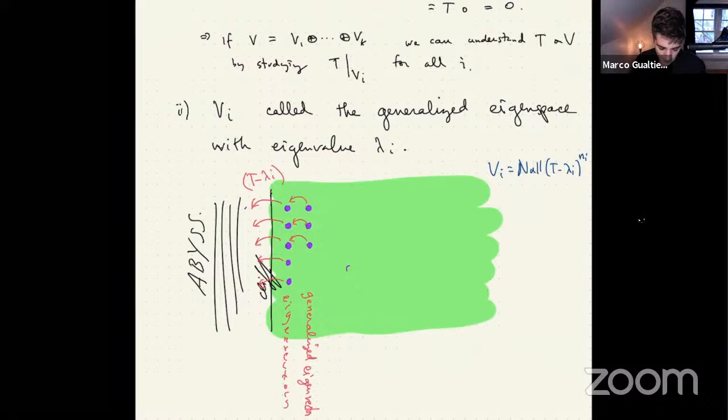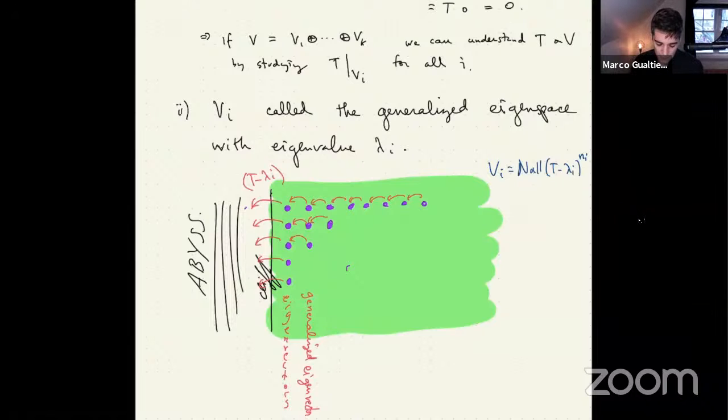And then there might be some more vectors here, and some that are in a very long chain. All of this is happening for a fixed eigenvalue, lambda i fixed.